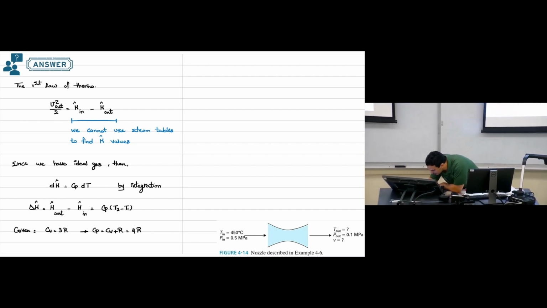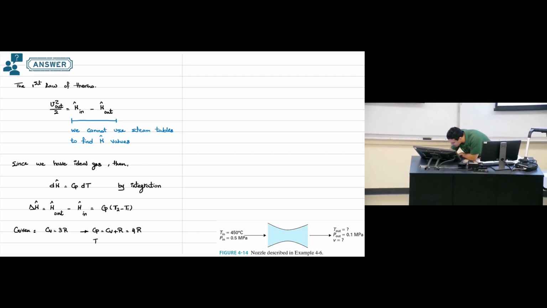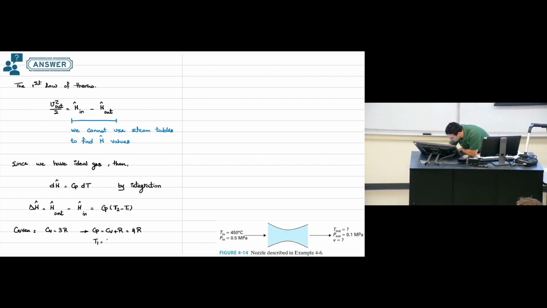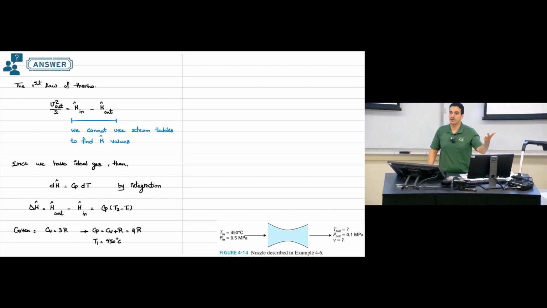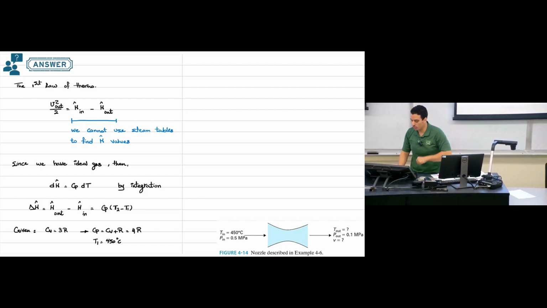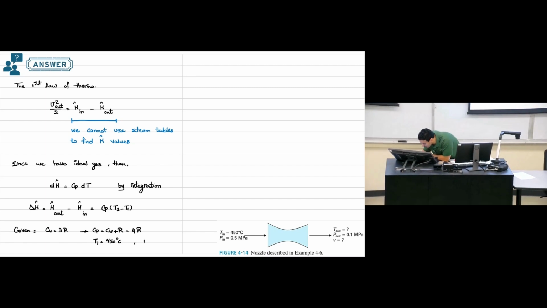Also given, T1 is 450 degrees Celsius. So we know the value of Cp and T1 is given. What is the value of T2? We have no idea. T2 is still missing.